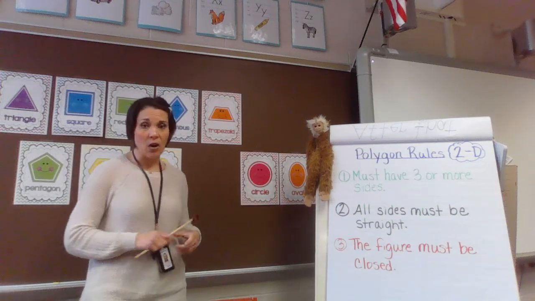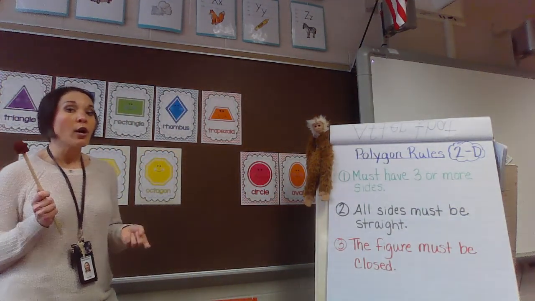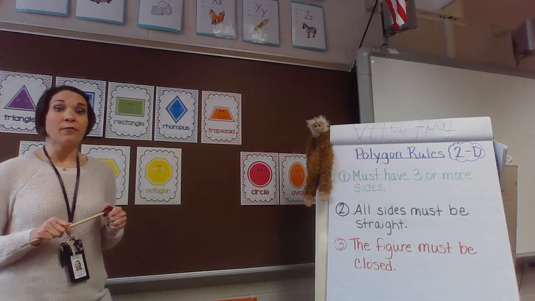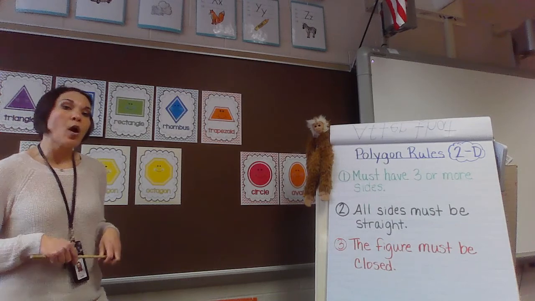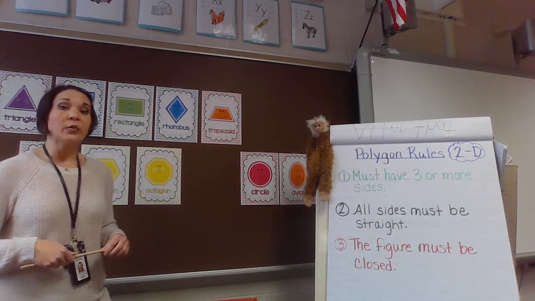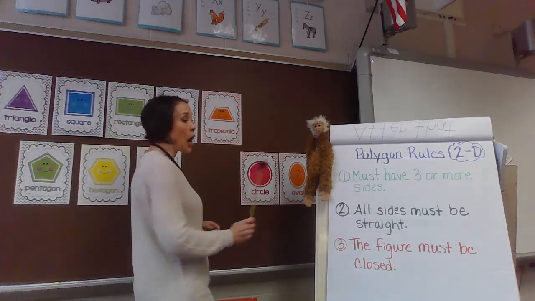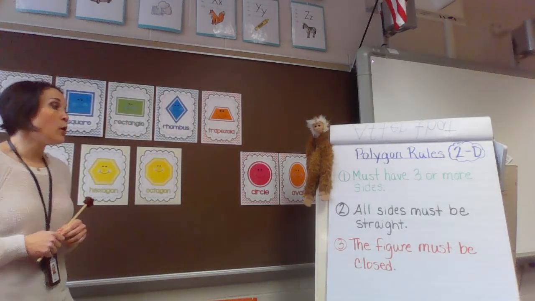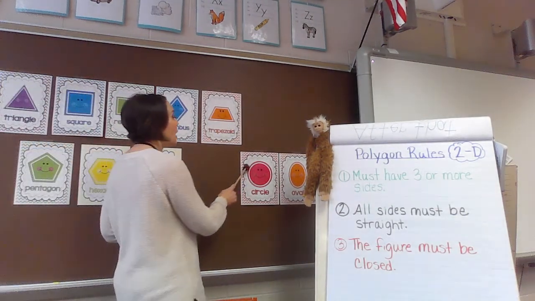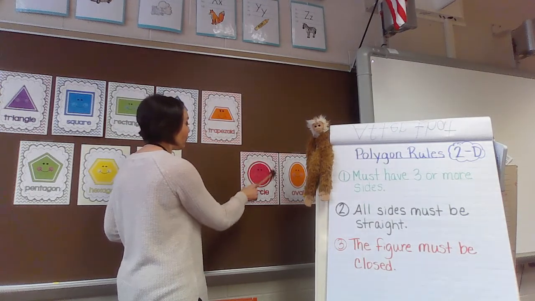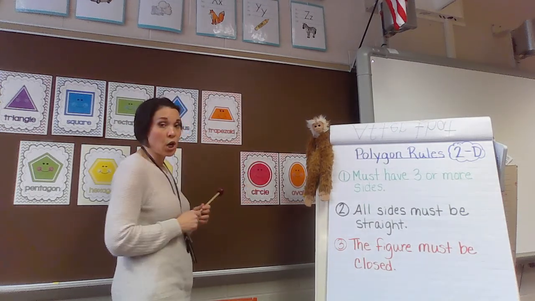But let's review the reason why a circle and an oval are over here by themselves. They are part of the 2D shape family. They are flat shapes, but they can't be part of the polygon family. The reason is rule number 2, which says all sides must be straight. If you remember, a circle is one big curve.